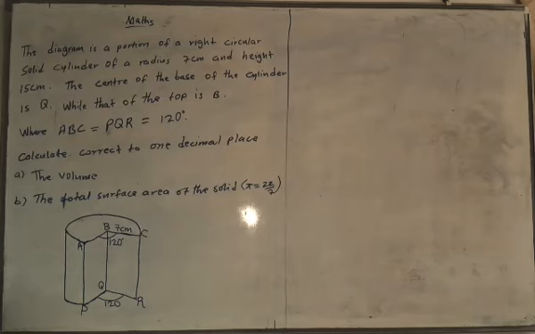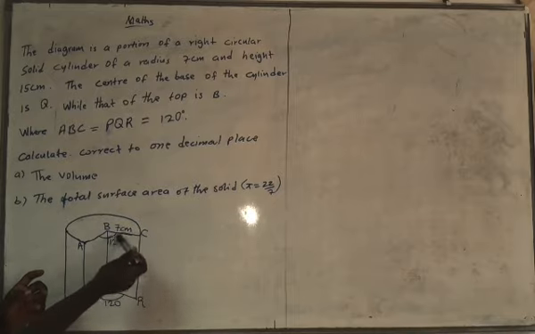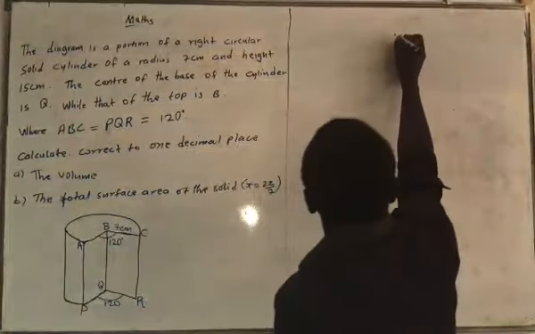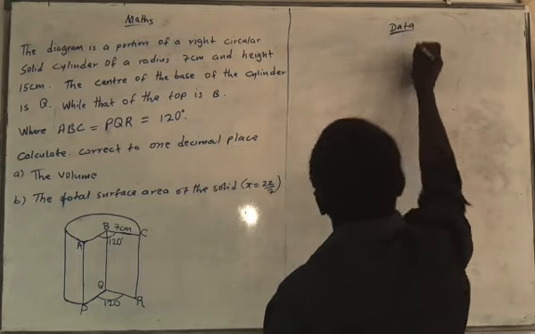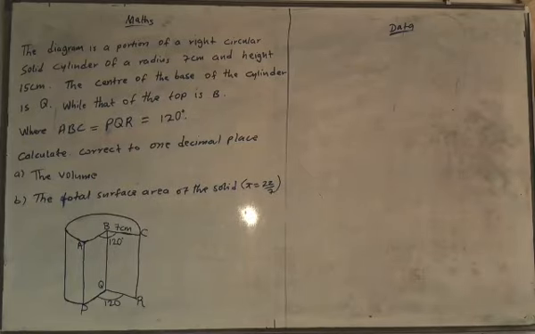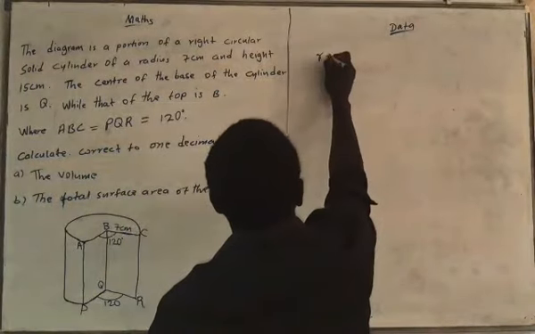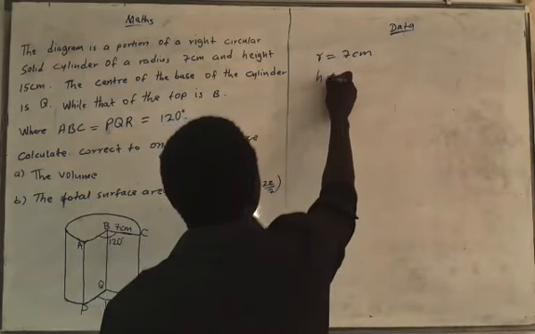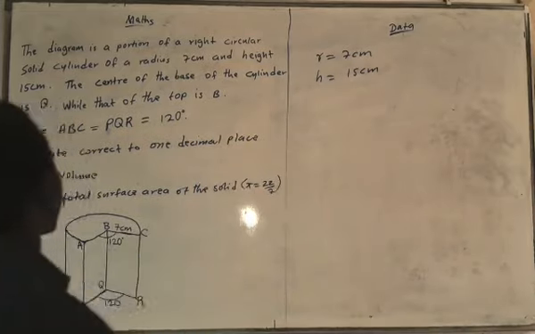And if you can see the solid, 120 degrees of the solid is being removed. So before we solve this, the first thing we need to do is to take out our data. If you read the question again, the diagram is a portion of a right circular solid cylinder of a radius. So the radius is given to be 7 centimeter and the height h is given to be 15 centimeter.